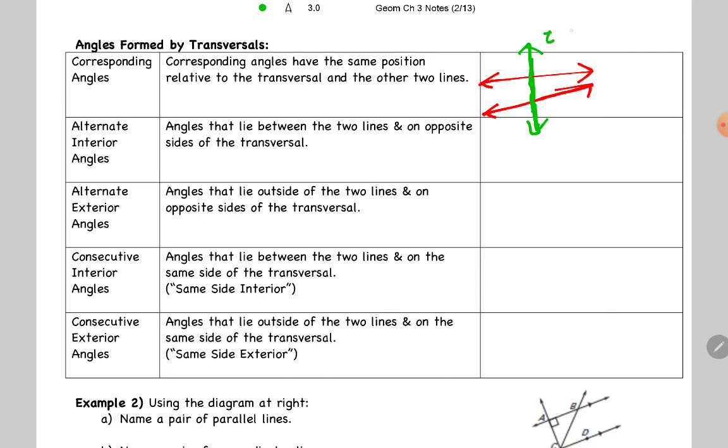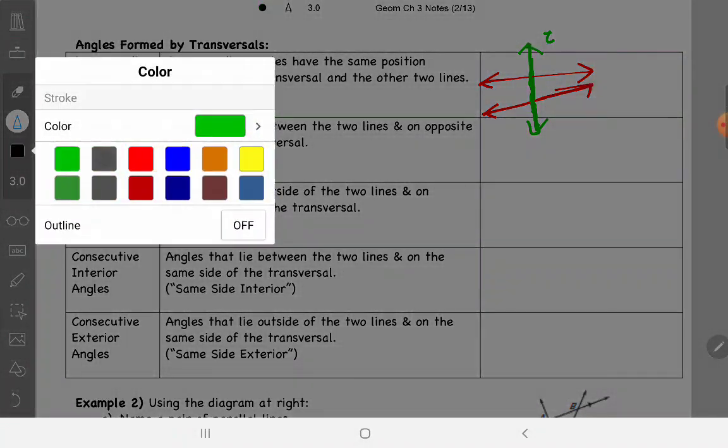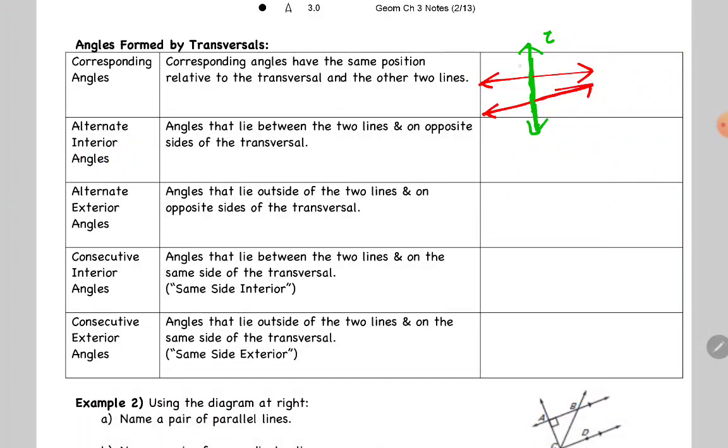Here's the transversal T. What it does, it makes two intersections, and it makes angles. So we have 1, 2, 3, 4, 5, 6, 7, 8. And the corresponding angles, if you think of them as the two different intersections, they would be the same position. If I looked at the top intersection, angle 1, that position is the same position as angle 5.